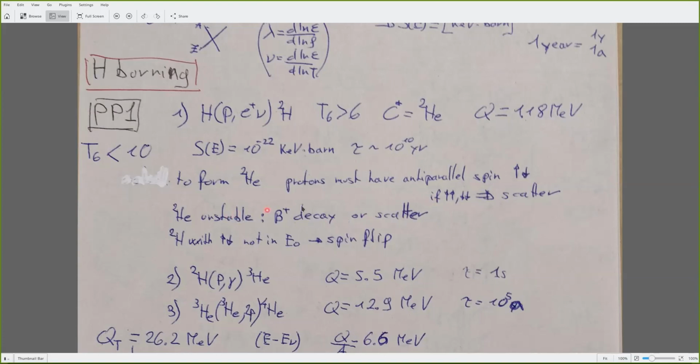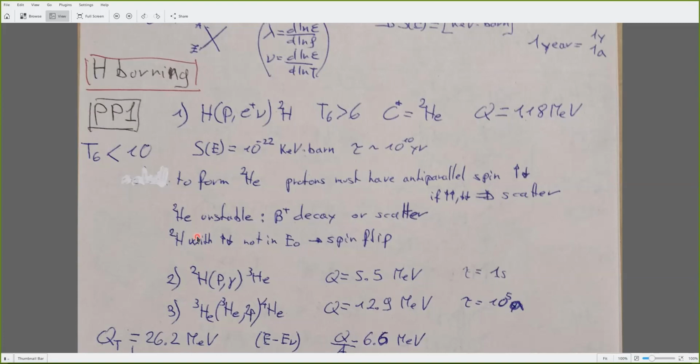You need this additional reaction. Then the problem is that you have a deuterium, but as I said previously, you needed the two nucleons with antiparallel spin.